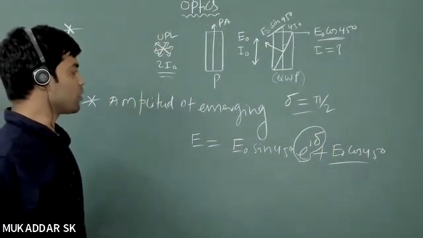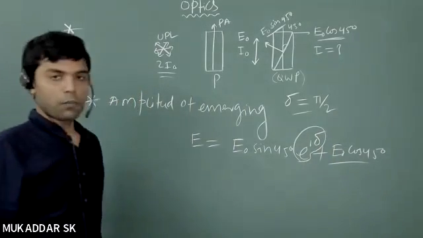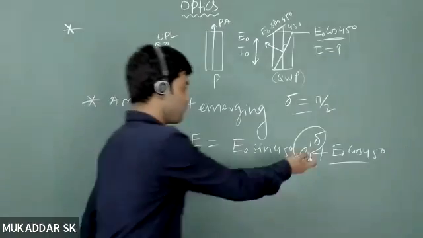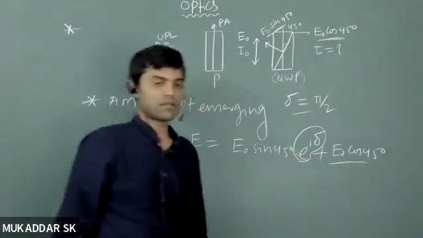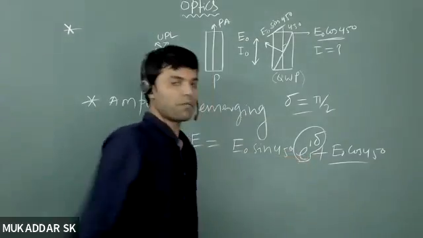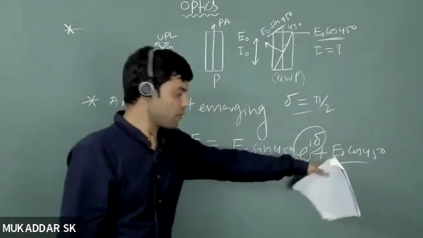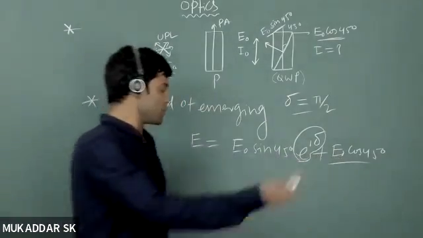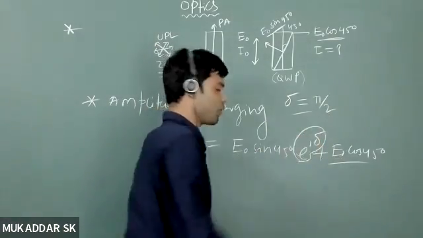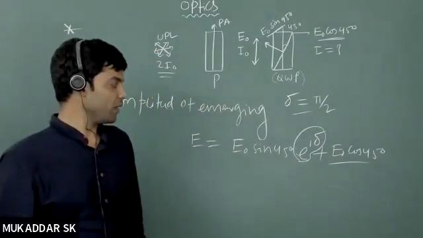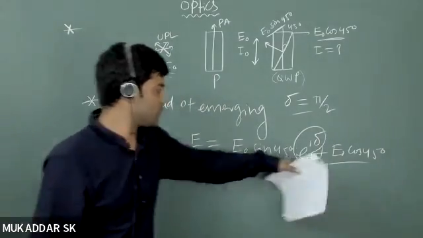If the phase difference between the two rays is of the order of pi, 3 pi, then this term gives the value of -1, which means destructive interference. If the phase difference is of the order of 0 to pi, then this will be simply a summation.